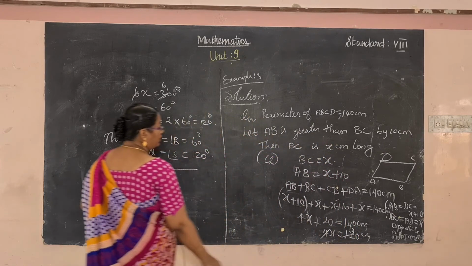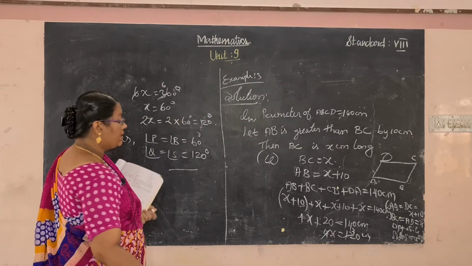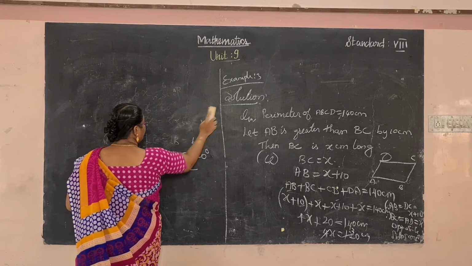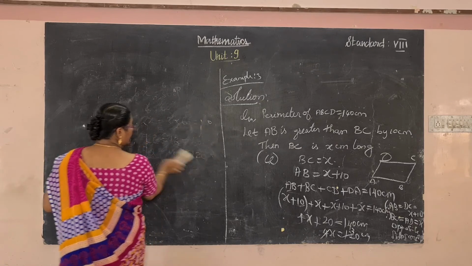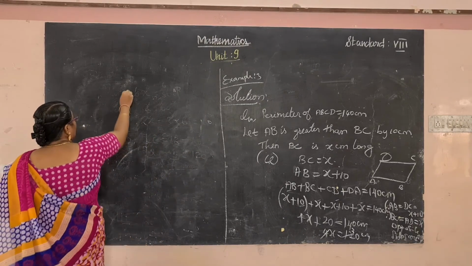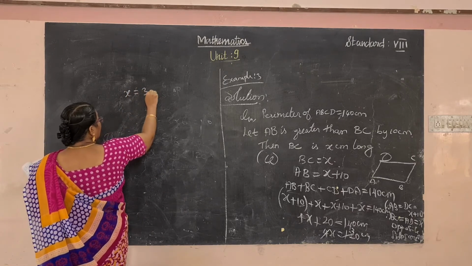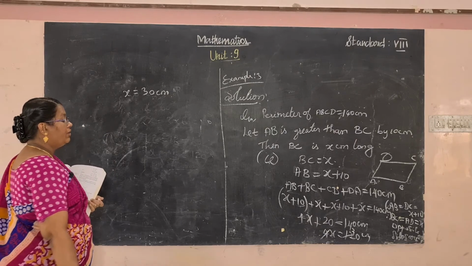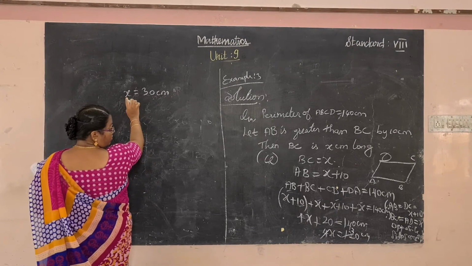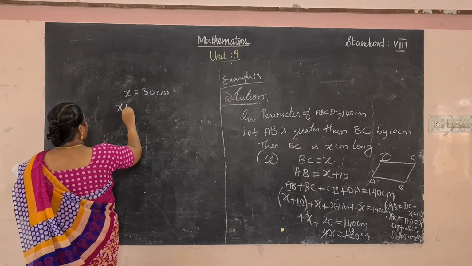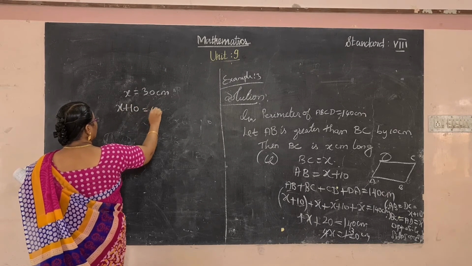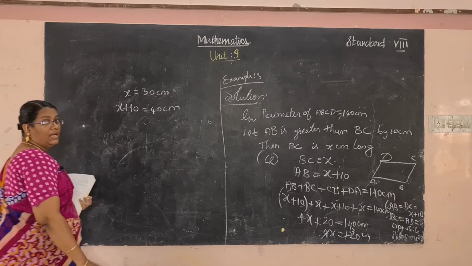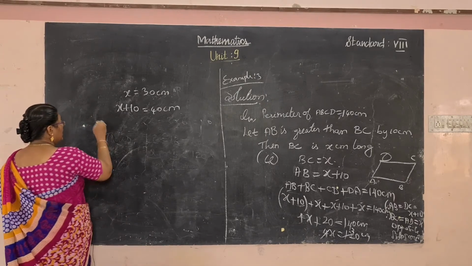So x equals 30 centimeters. Now we have to find out the value of x plus 10. x plus 10 is equal to 40 centimeters, right? 30 plus 10 is 40 centimeters.